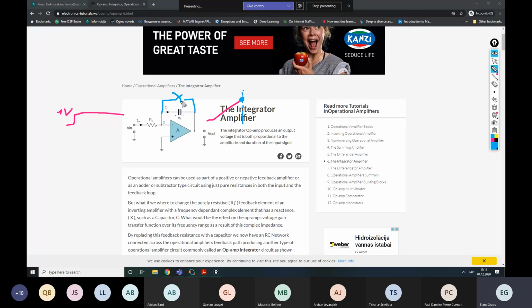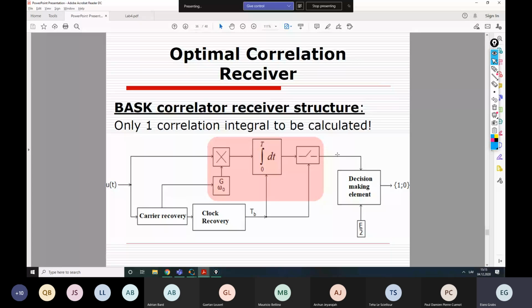After we close that switch, we will short-circuit this capacitor, and that will lead to a simple amplifier, not an integrator, and it will reset. Then afterwards, we will remove this connection and the integrator will start over again. So that's how we can work with that.